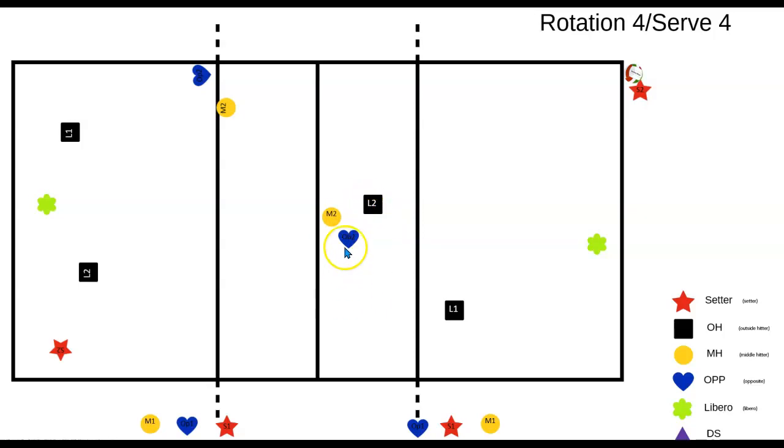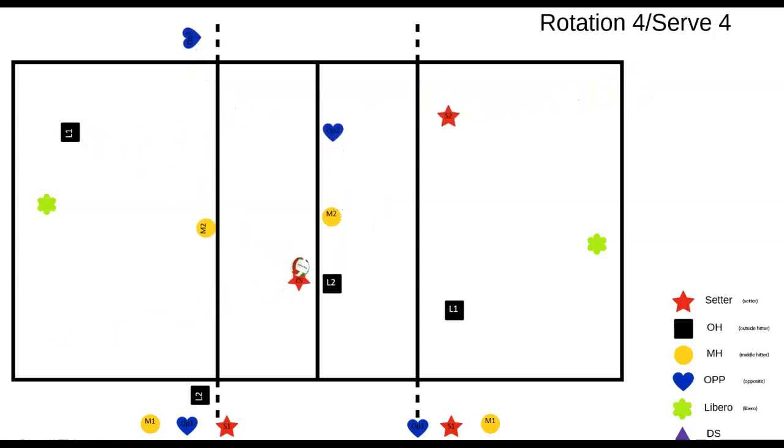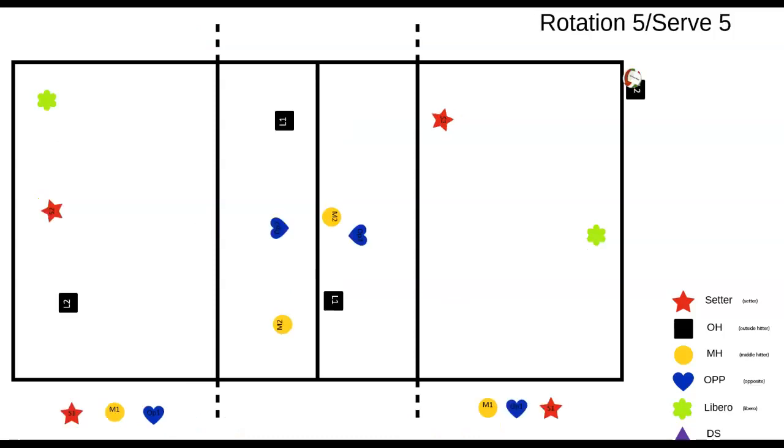Remember, it's both, and then it's 1, and then it's 1. It repeats itself. Our left can go right to base, and our middle can go right to base. Our setter is going to serve, and she's going to run right into base. Here we go. All the same movements.